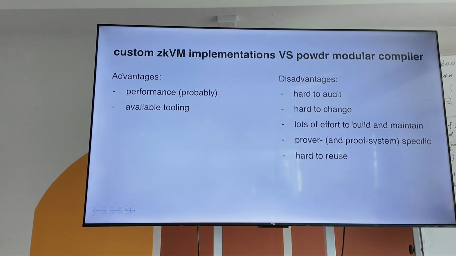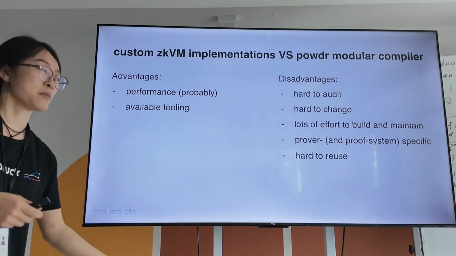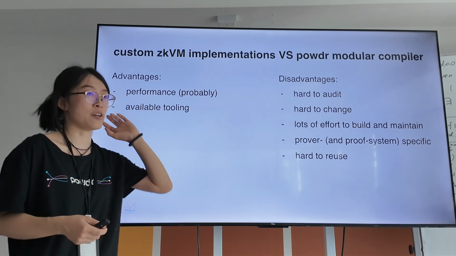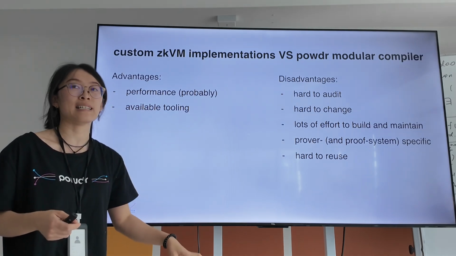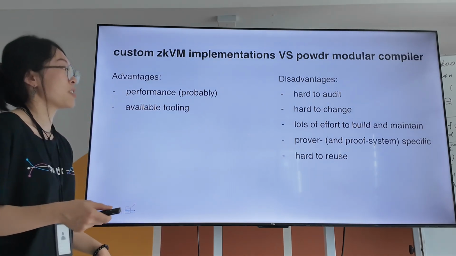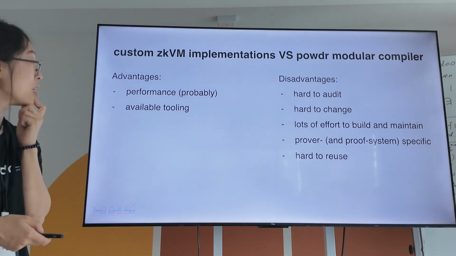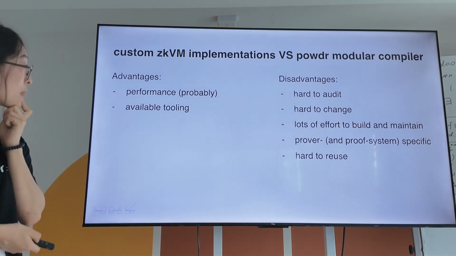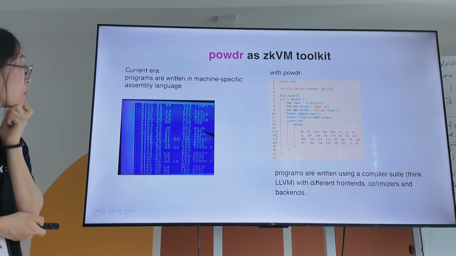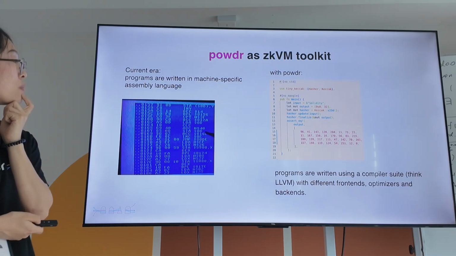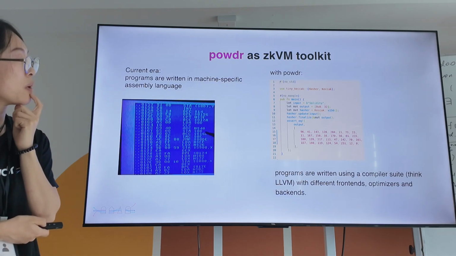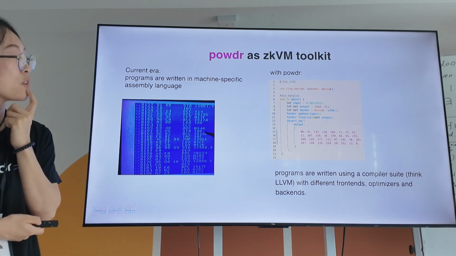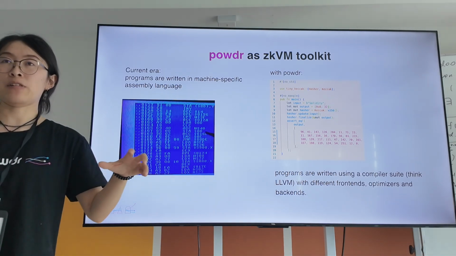Apart from developers needing to start from scratch, there are also disadvantages when you talk about auditing and optimization. So with Powdr we want to solve this problem, and we want to create something similar to LLVM.